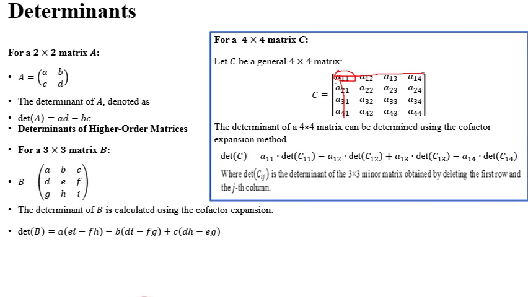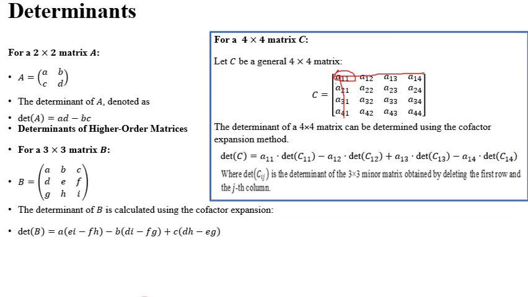So what you are left with will be in the form of a 3 by 3 matrix. So you then look for the determinant of that 3 by 3 matrix using the same procedure earlier discussed. And so that will give you this element multiplied by the determinant of the 3 by 3 matrix.